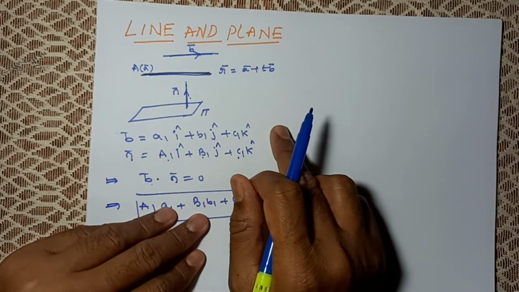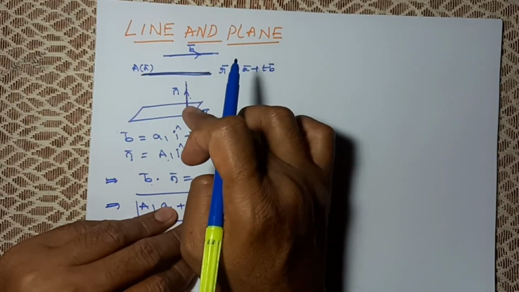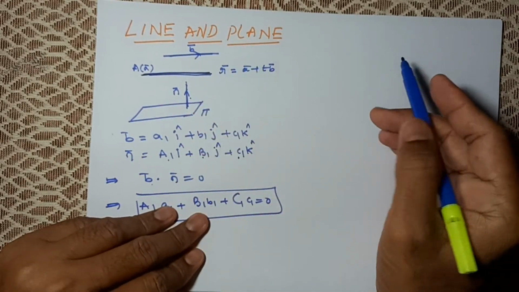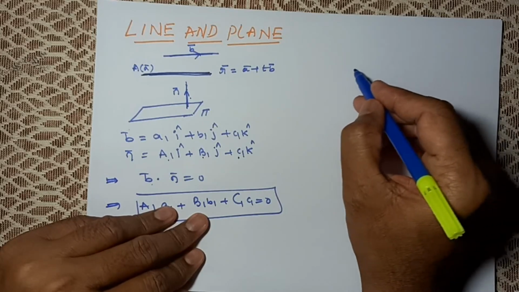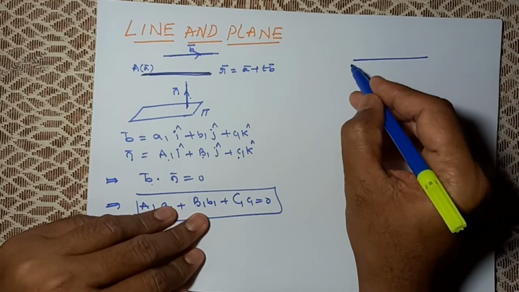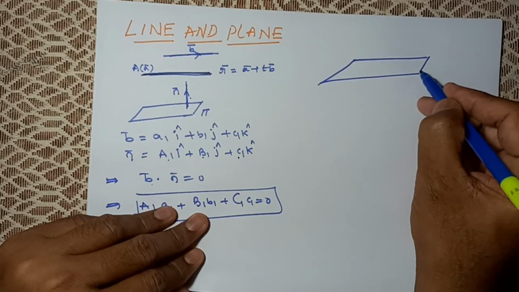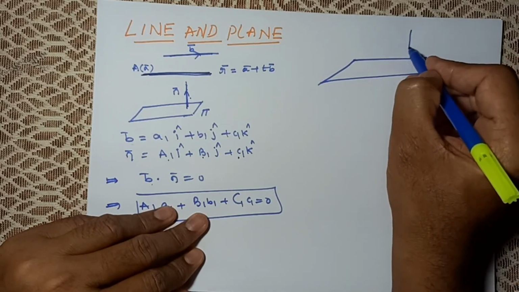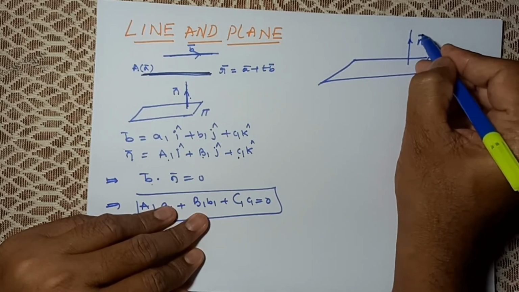Next case we will discuss, if this line and plane are perpendicular. Here we can take one plane and its normal will be n bar.